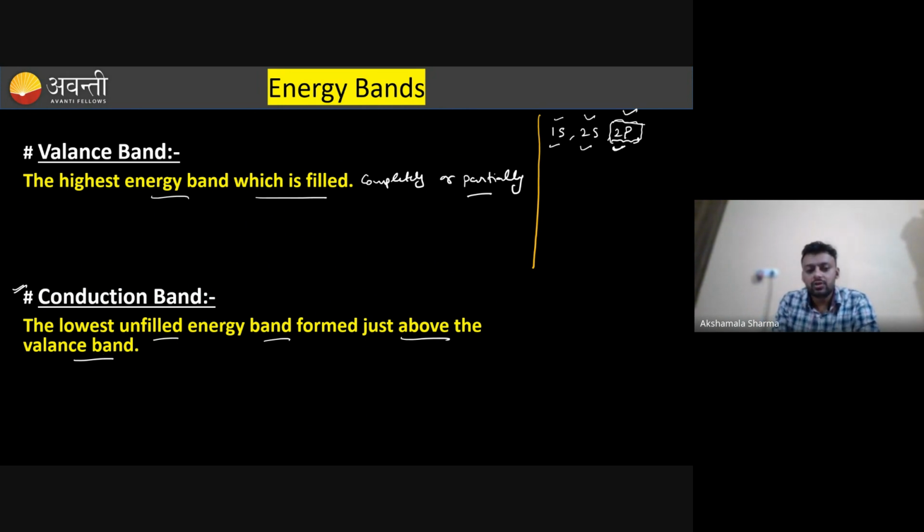So again, let's suppose this is the valence band. The conduction band is the band just above it. After 2p, it will be something like 3s, so that will be the conduction band.